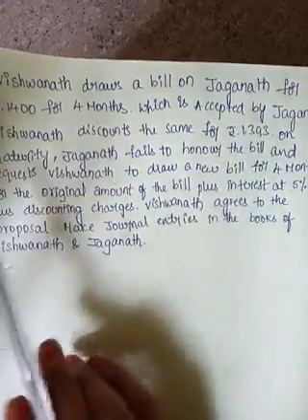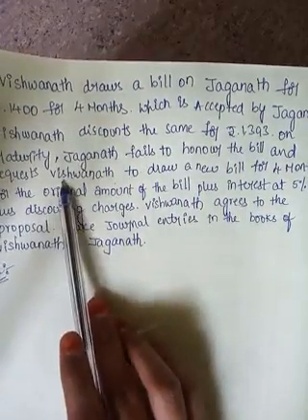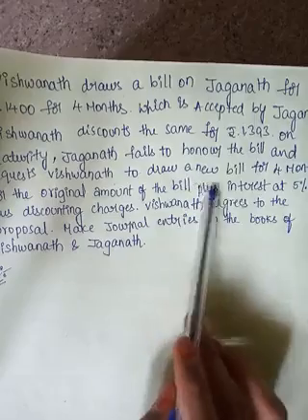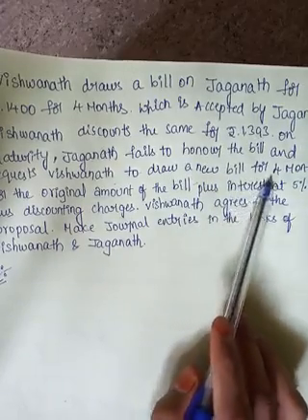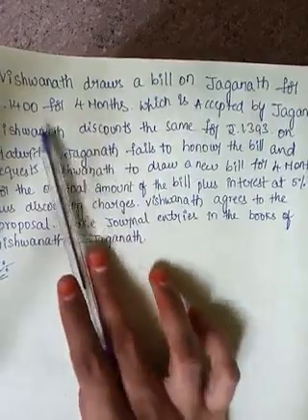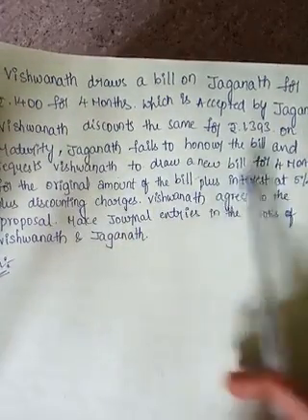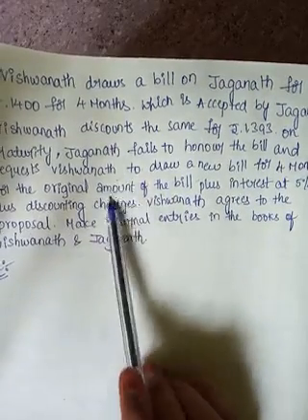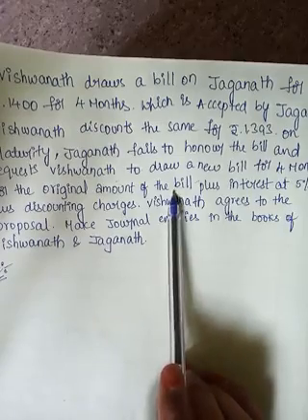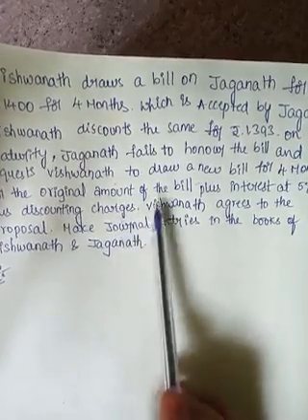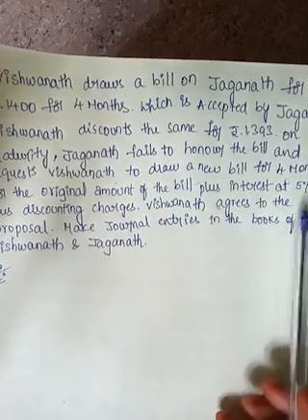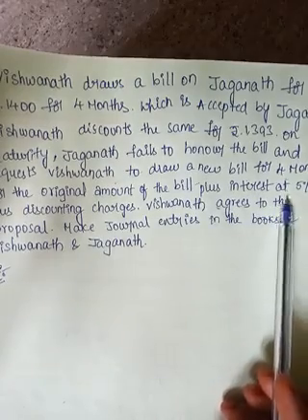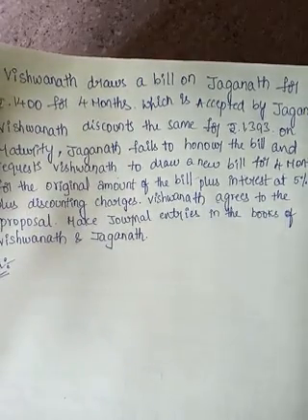He did not pay the bill, and Jagannath requests Vishwanath to draw a new bill, to cancel the old bill and draw a new bill for 4 months for the extended period. For that extended period, the rate of interest is 5% per annum on the original amount of the bill, plus discounting charges.